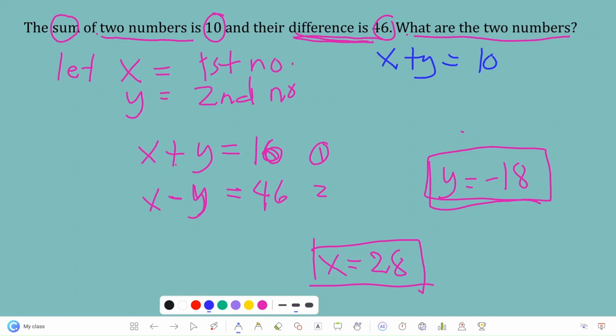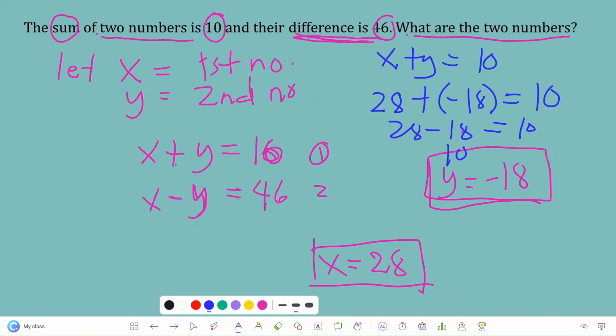So, you have here x as 28 plus negative 18 should be equal to 10. So, 28 minus 18 is equal to 10, and indeed 10 is equal to 10. So, the values of x and y for the first equation are true.